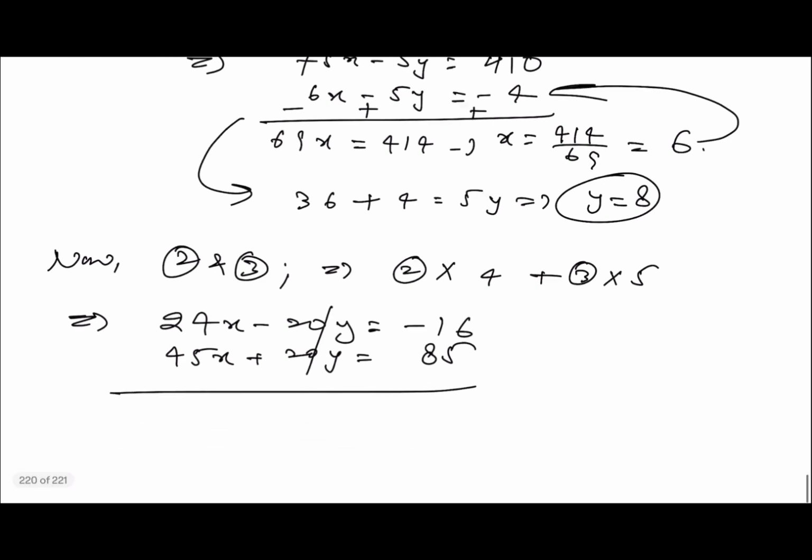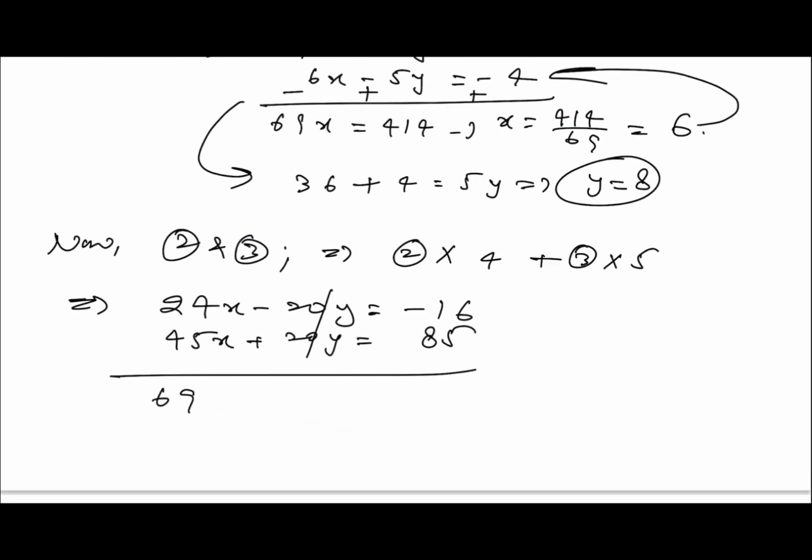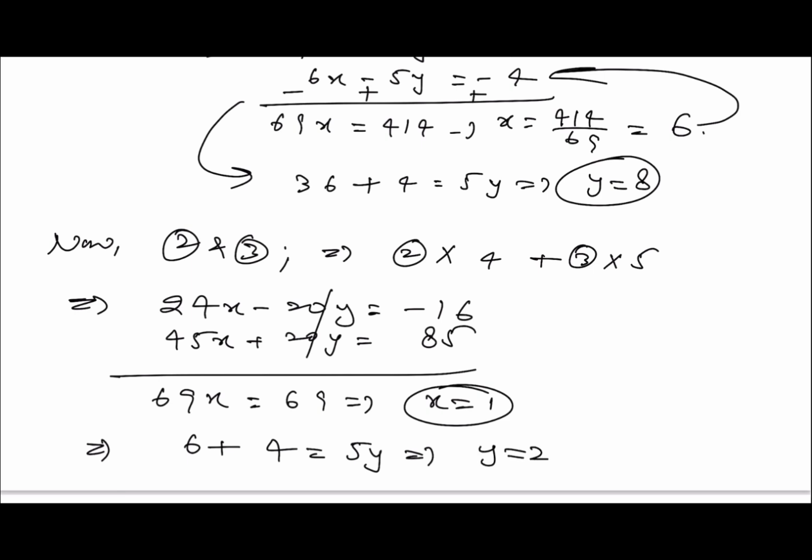On adding, this will cancel out. This is 69x is equal to 69, which gives x is equal to 1, right? If x is equal to 1, we put in equation 2, so we will have 6 plus 4 is equal to 5y, means y is equal to 2.